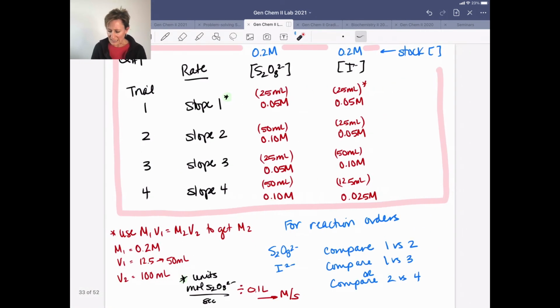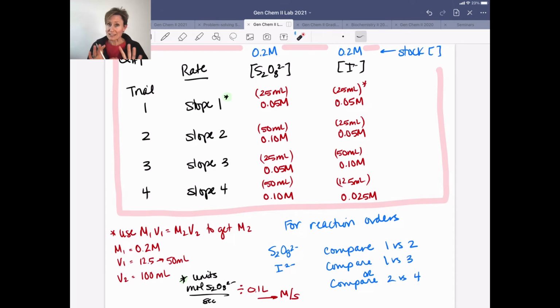All right, so at the end of the day then, what do we really need to do? To determine reaction orders, you need to find a reaction where one reagent is being held constant in terms of its concentration, and another one, we are changing it.